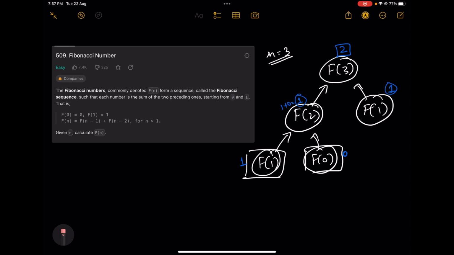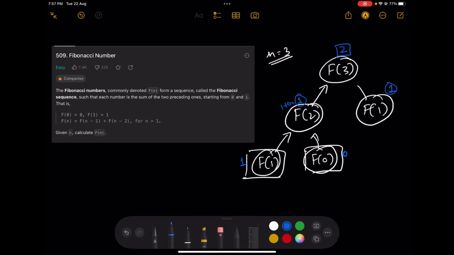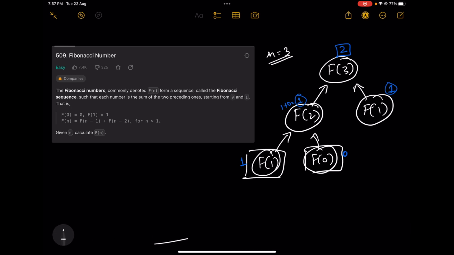We obviously can, because as you see here, we just need to add the answers for these two subproblems to get the answer for our original problem. For example, to find f of 3, we just added the answer of f of 2 with the answer of f of 1 and we got f of 3.